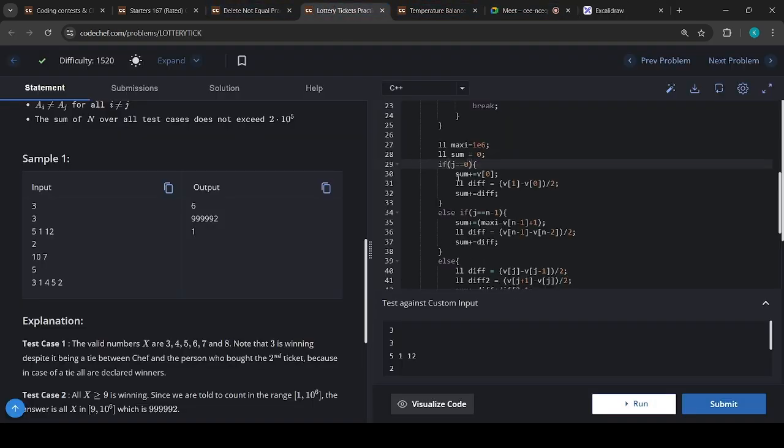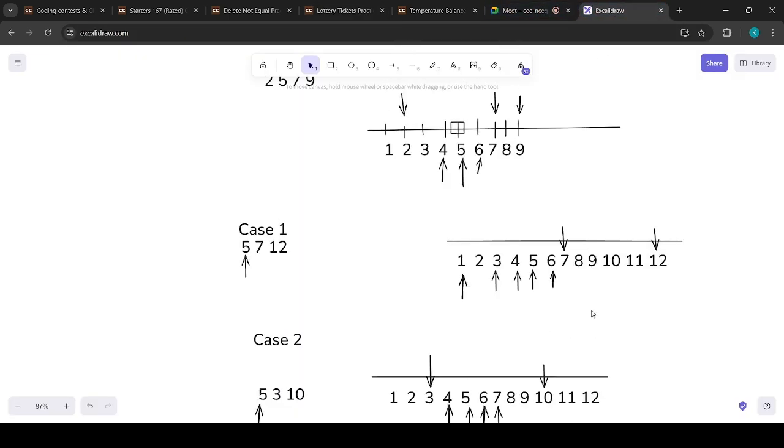So we are adding that, and we take the difference between the next element and that element and divide it by 2. So we find the range up to which we can take the numbers.